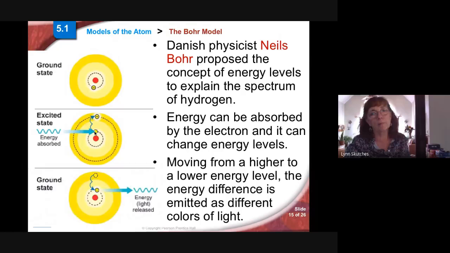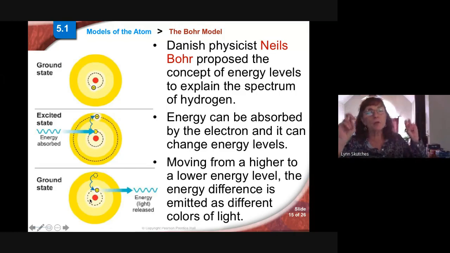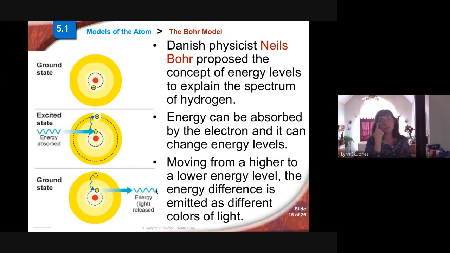But the thing with electrons is they don't stay at that higher level for long. They will fall back down to their ground state. The energy that was absorbed is then emitted back into the environment, sometimes in the portion of the spectrum that you can see with your eyeballs. Sometimes you need a special instrument to see what's in the ultraviolet or infrared region.